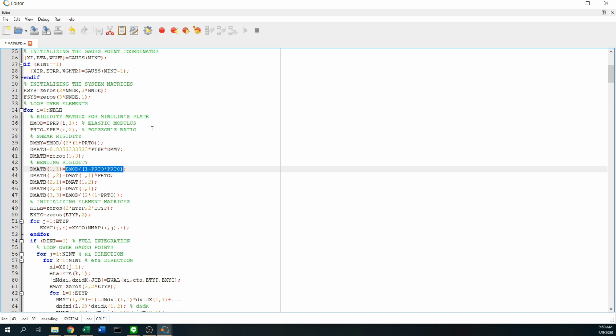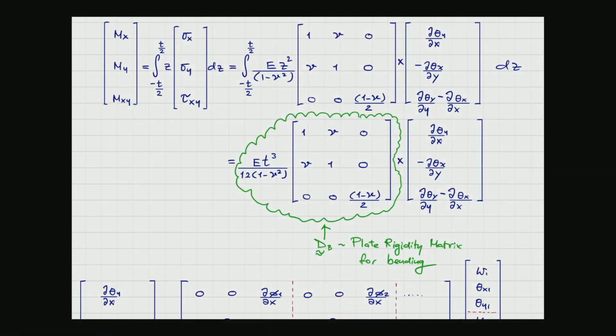Probably, right? But make it this way. Rigidity matrix is going to be scaled by this thing outside. We make this one first, and then we say that DMAT B is equal to DMAT B multiplied by this, okay, to avoid a long expression.